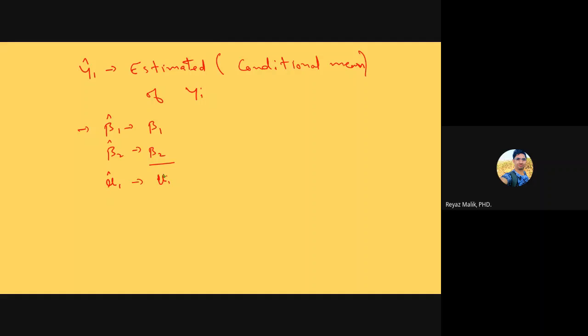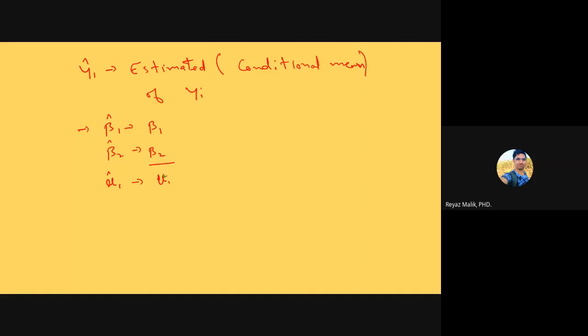So beta 1 cap will be the estimated version of beta 1. Beta 2 cap will be the estimated version of beta 2, and similarly u cap will be the estimated error term of the actual error term.